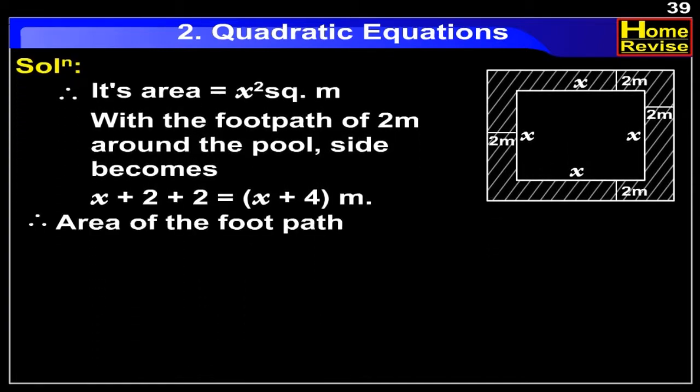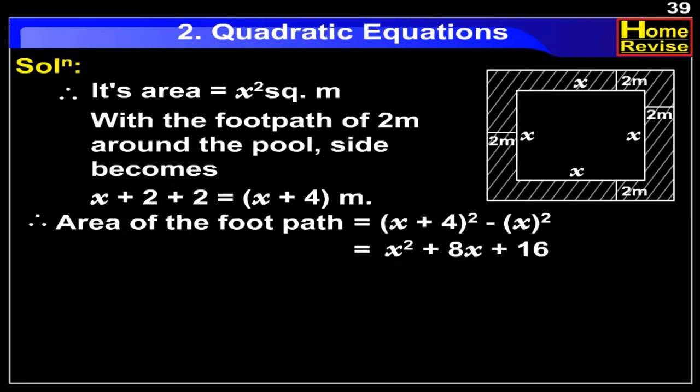Therefore, area of footpath is equal to x plus 4 whole square minus x square, which is equal to x square plus 8x plus 16 minus x square. Here, plus x square and minus x square gets cancelled out.